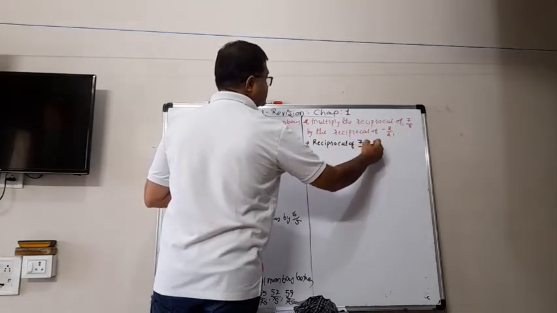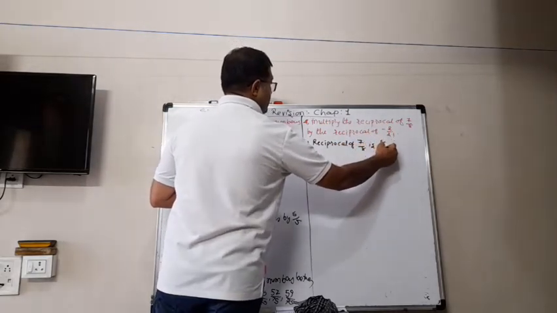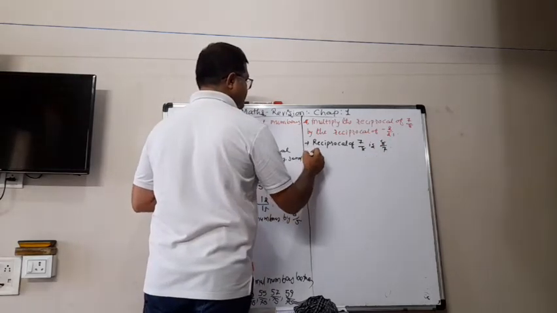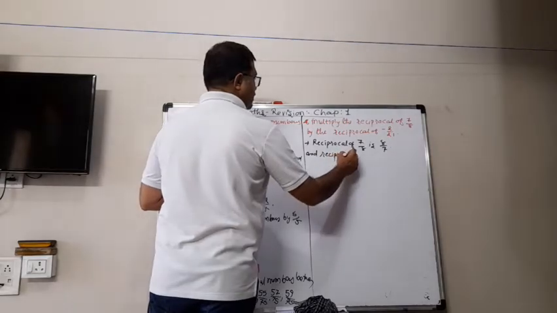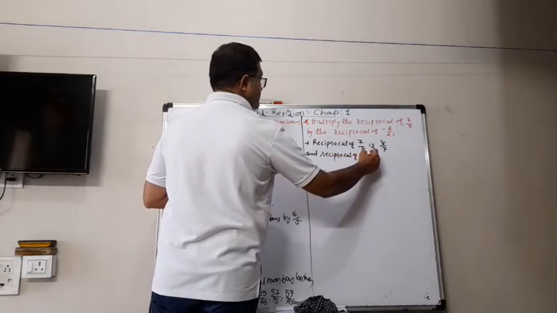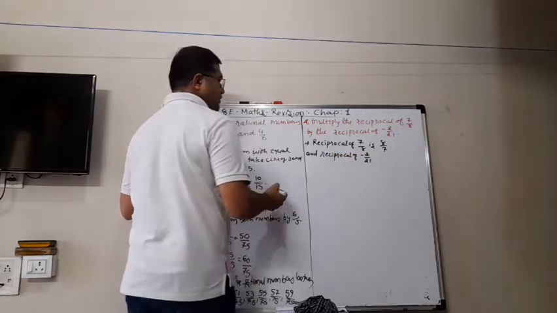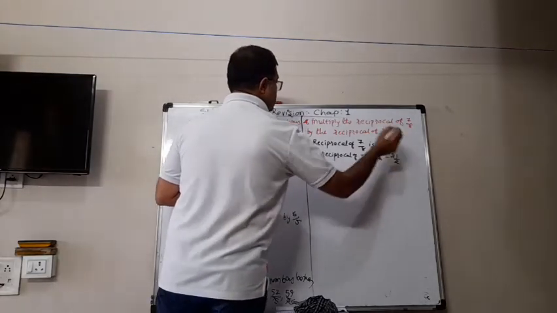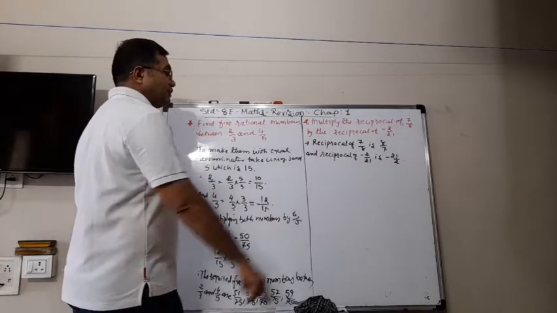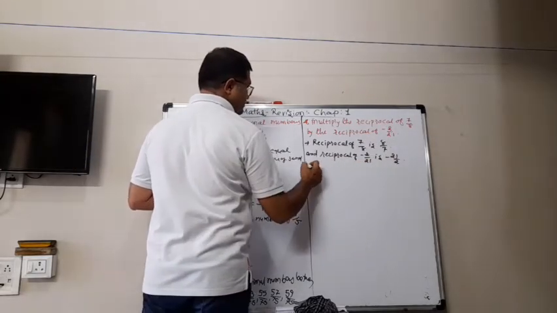So first we will write down the reciprocal of 7 upon 8, which is 8 upon 7, and the reciprocal of minus 2 upon 21 is minus 21 upon 2. Now we have to multiply those two numbers.